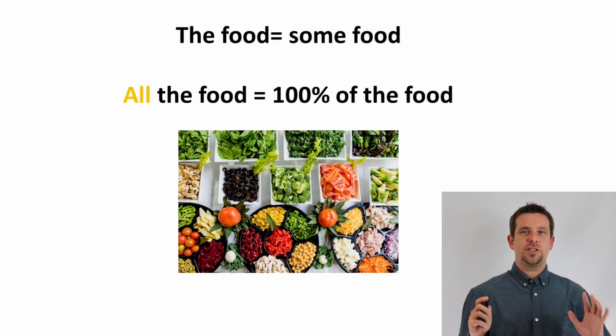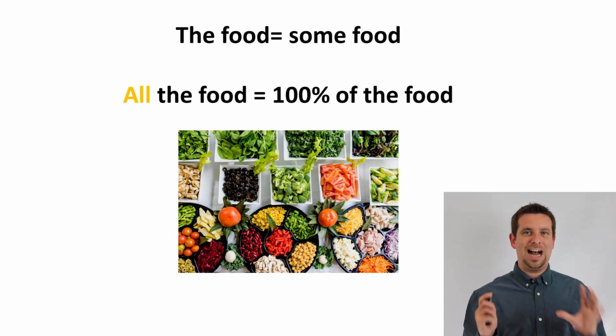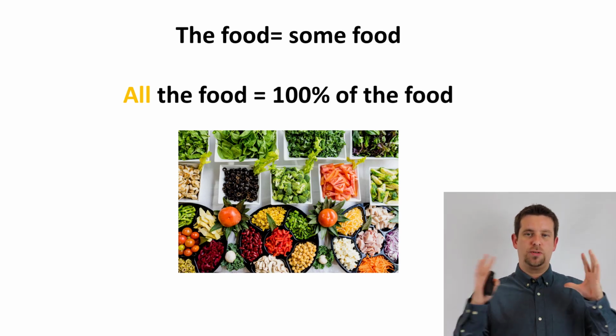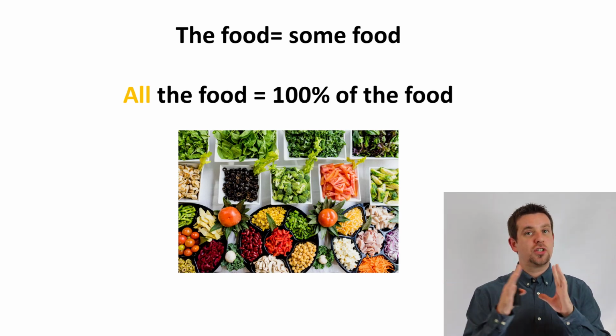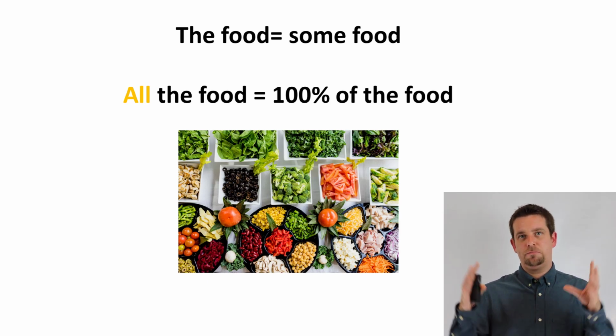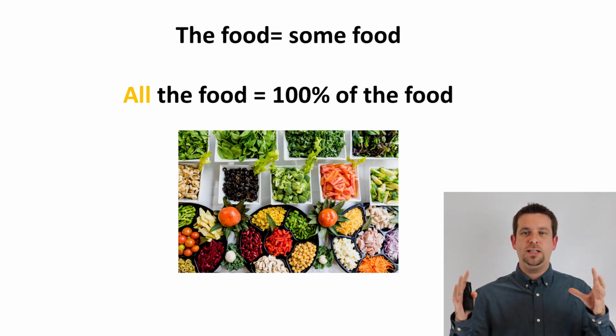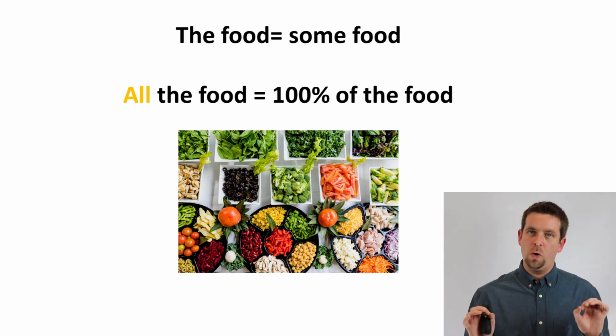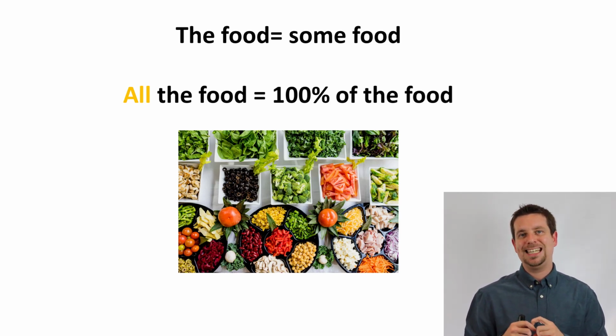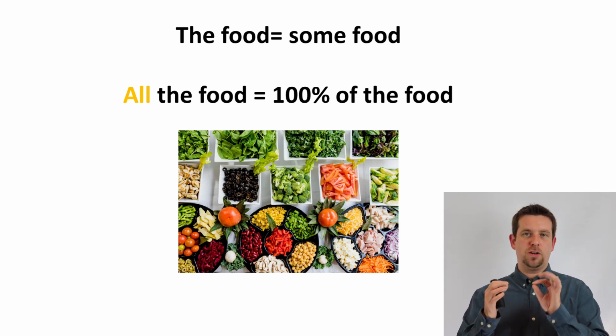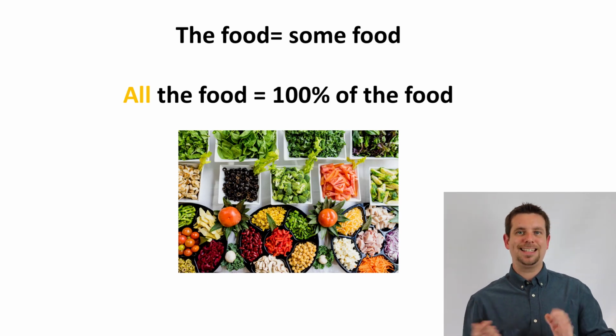Let's go! If we just start here with a basic noun, a basic idea, we can say the food, which is specific food. Some food is a small or medium quantity. But when we use the word all the food, we mean 100% of the food. That's the basic idea.